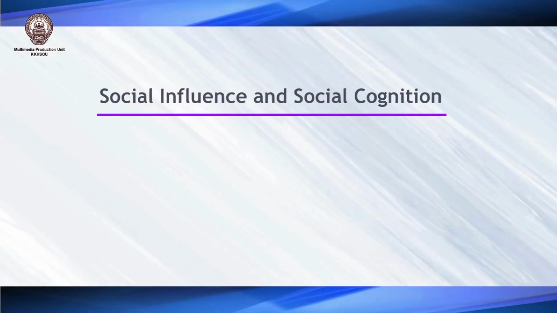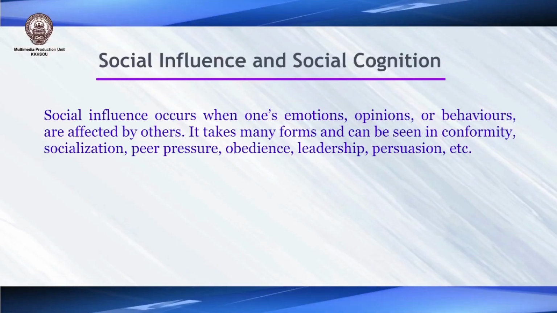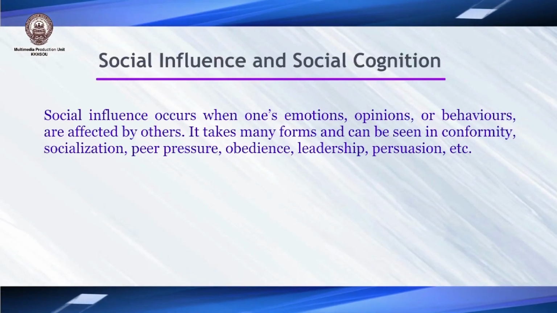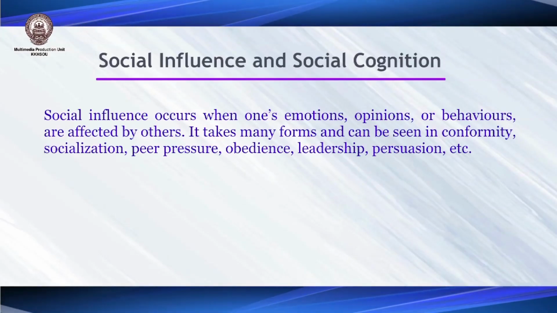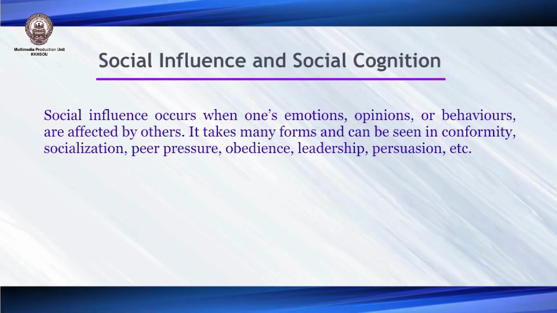Now, coming to the concepts of social influence and social cognition. Social influence occurs when one's emotions, opinions, or behaviors are affected by others. It takes many forms and can be seen in conformity, socialization, peer pressure, obedience, leadership, and persuasion. Here, the role of self-understanding or critical thinking is a bit less.